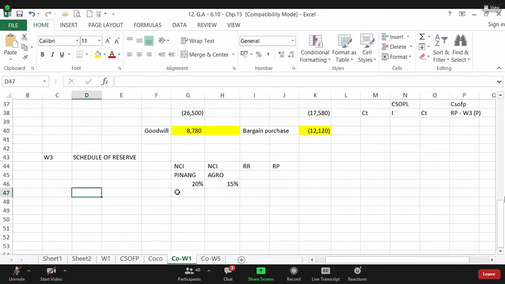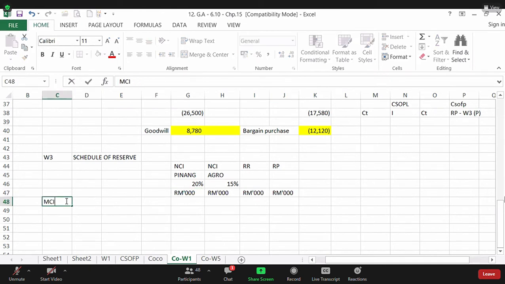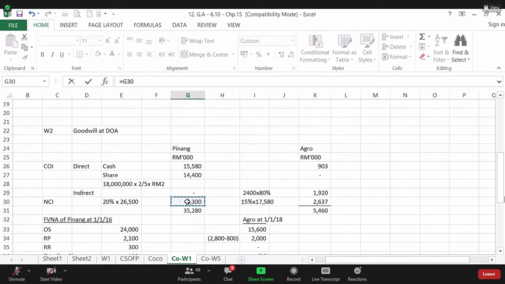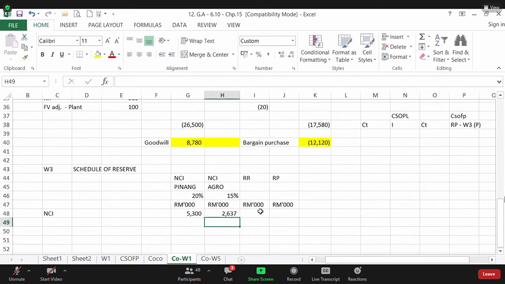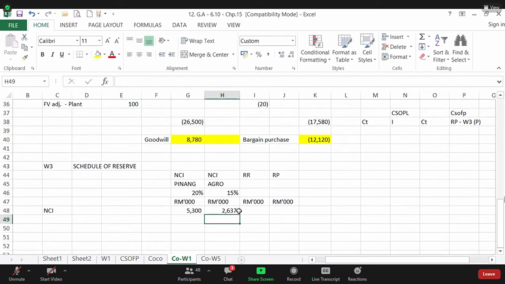So I'm going to put NCI first. Three for Penang and 2637 for Agro.